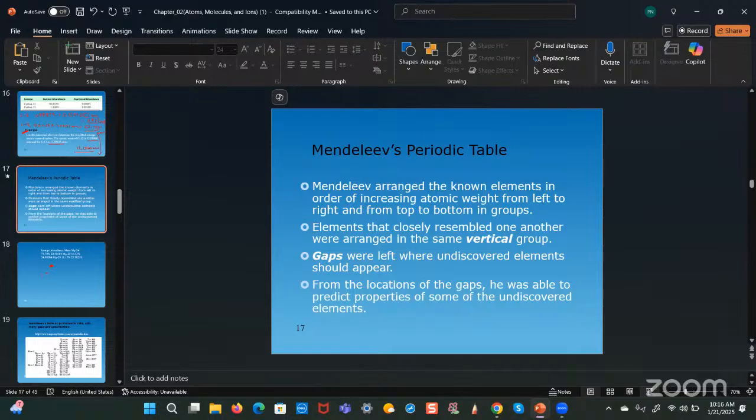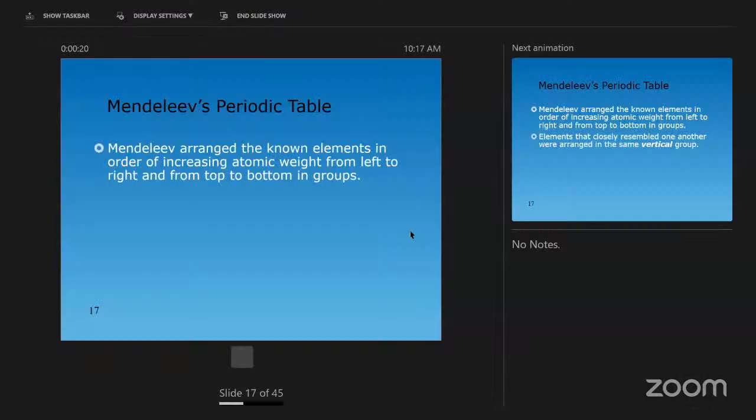And this is what he did, he arranged the elements by mass. So the concept of having numbers, right? Simply their masses.